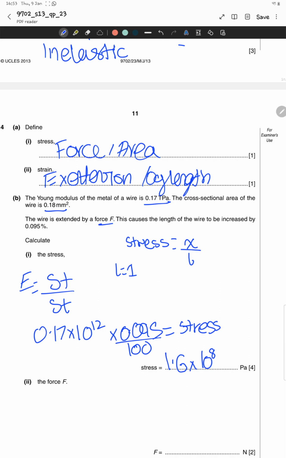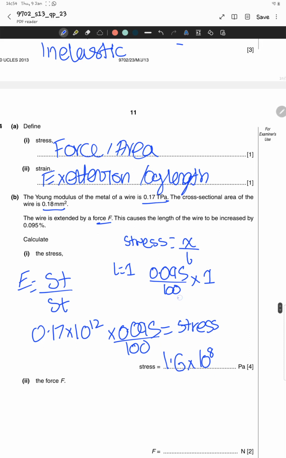That means you're extending it by 0.095 divided by 100 times 1. The extension is 0.095% of 1, because that's the original length.